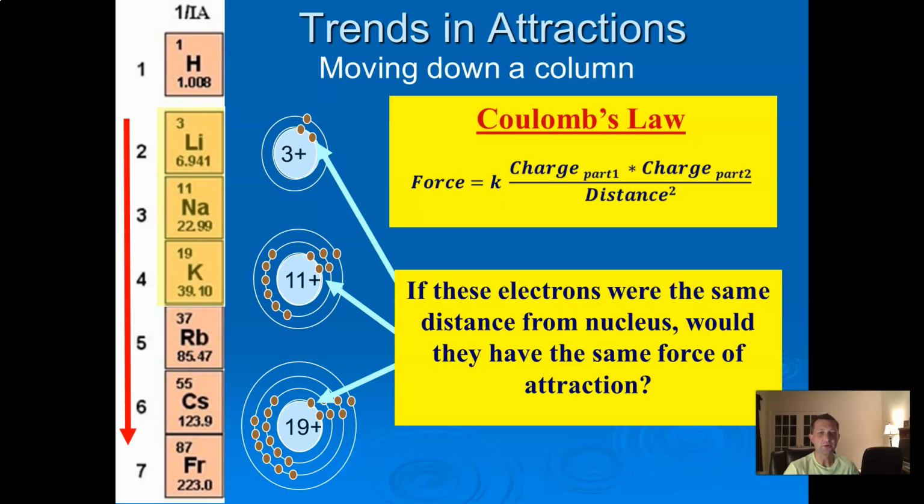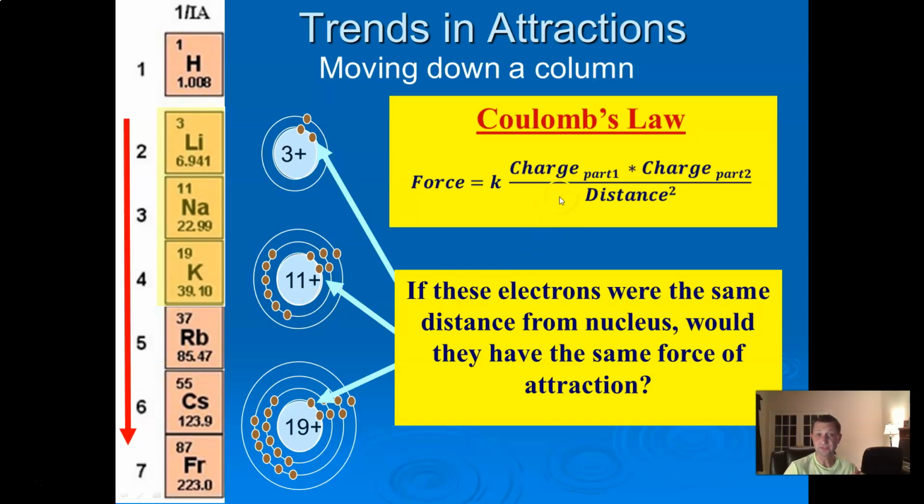So you can see that potassium has a stronger hold, a stronger attractive force on its first level electrons than sodium or lithium, because of the Coulomb's law formula and the difference in the charge of part 1. The charge of part 2 is the same for all of them, and the distance is the same for all of them, because we're focused on those inner shell electrons.